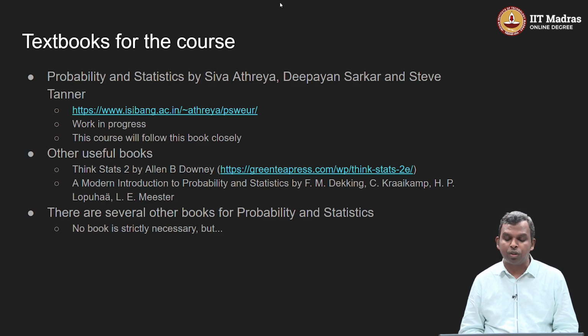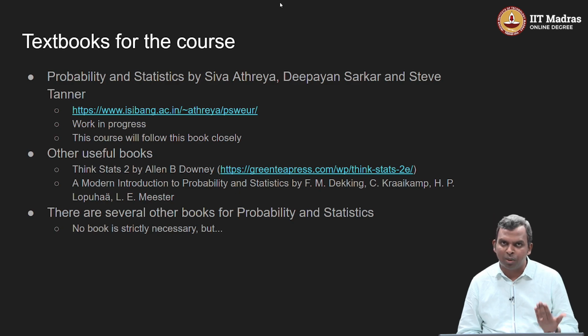A couple of other books which are useful. One is what I've put down here in the second list, Think Stats 2. It's a very applied book. It talks about doing statistics with Python and lots of ways to do computer simulation. And in this course also, we will do quite a bit of computer simulation. So mostly it will be me showing you how the simulation is done.